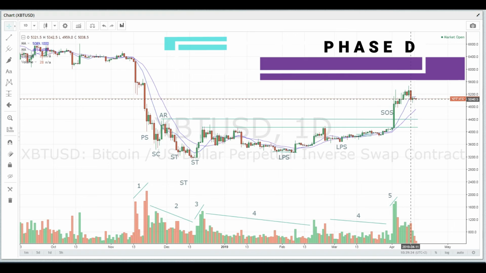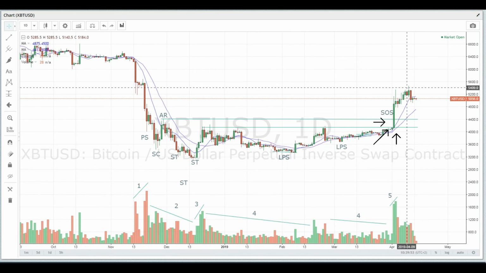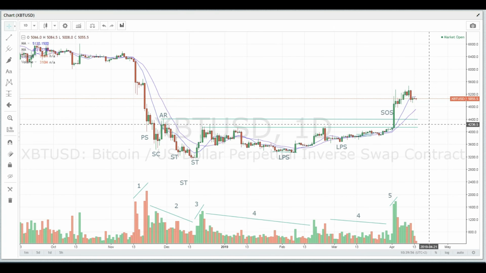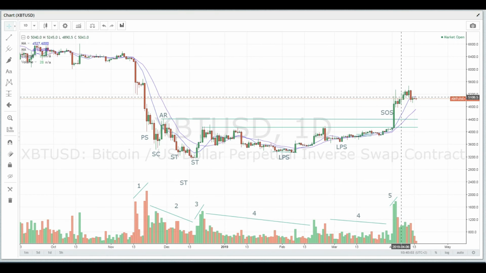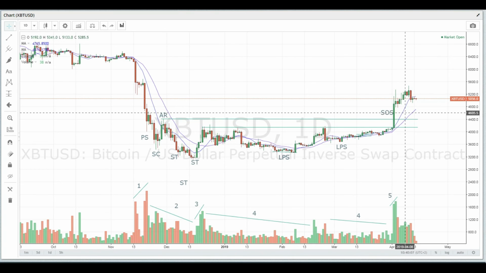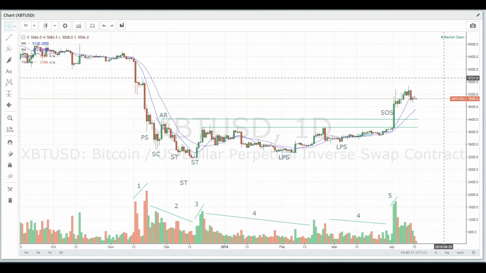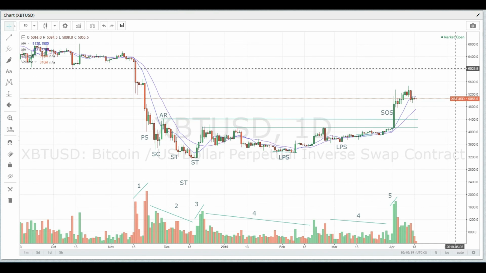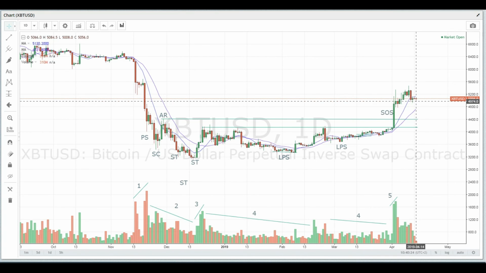And the question is, what can happen now? Many of us expect that after we go up we probably go down to around 4,400, maybe lower, and then bounce back to around 6k. But as you can see, there can be something different.